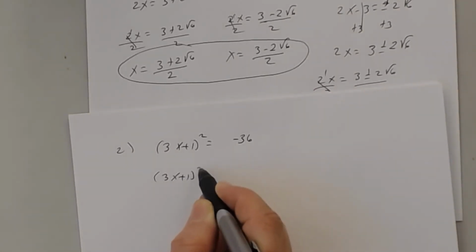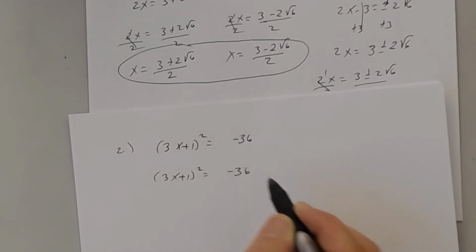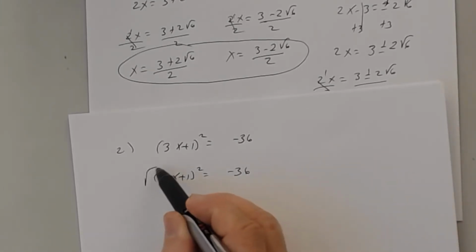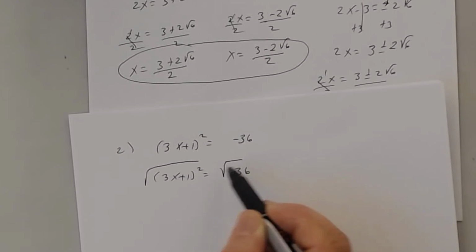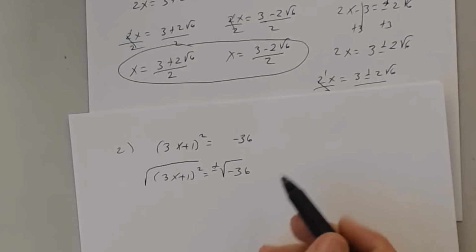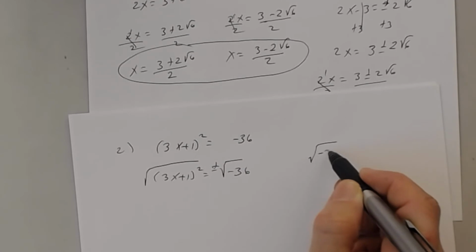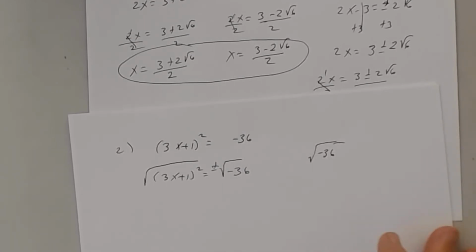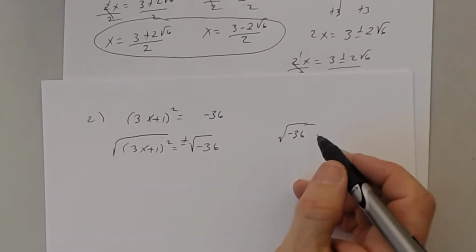But remember, when I take the square root of both sides, I need to remember that I've got to write it as plus or minus the square root of negative 36. Now let's remember something about the square root of a negative 36. Imaginary. Yeah, you end up with imaginary solutions.